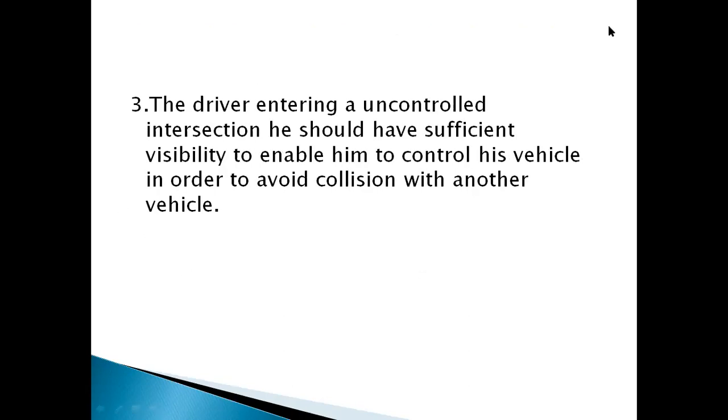Then the third condition is that a driver entering an uncontrolled intersection should have sufficient visibility to enable him to control his vehicle in order to avoid collision with another vehicle. That is, while traveling, the driver has sufficient visibility of the road ahead to avoid collision with another vehicle.